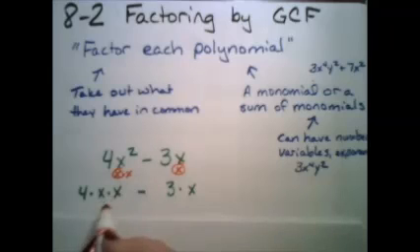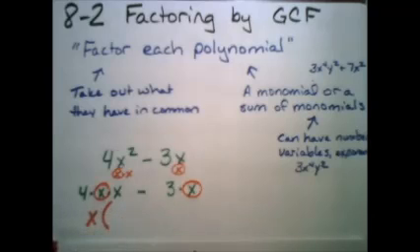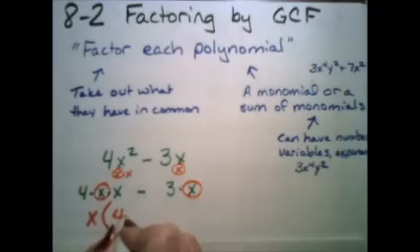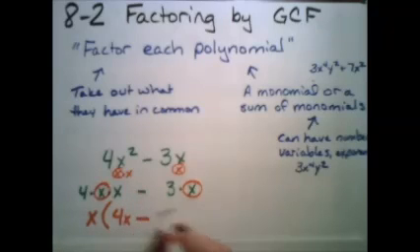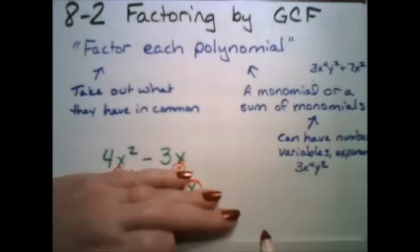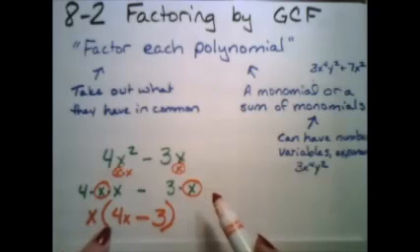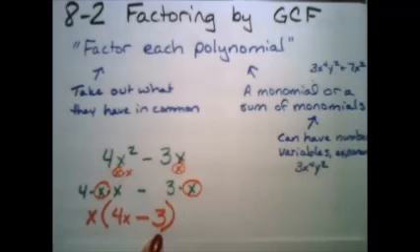So we're going to factor out this x and multiply it by whatever's left. Well, 4x is left here, minus, and 3 is left here. So instead of having 4x squared minus 3x, we've taken out the factor that they have in common, and we've got all of these left over. That's our job this time.